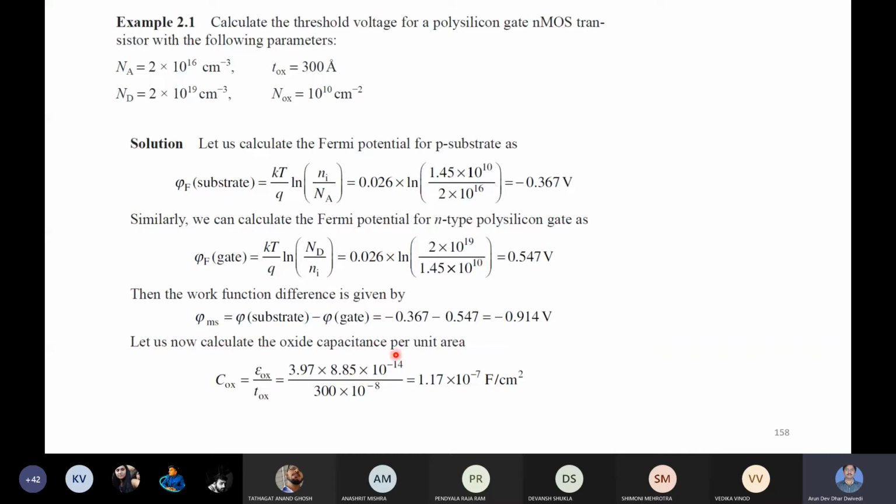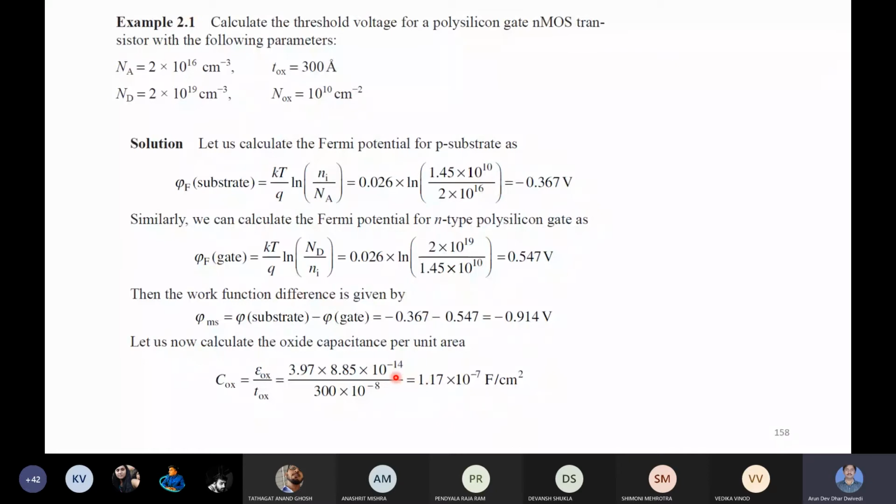Then let us now calculate the oxide capacitance per unit area, which is Cox equals epsilon ox by tox. The permittivity of silicon dioxide is taken because you are calculating Cox. Epsilon ox is epsilon naught into epsilon r, where epsilon r is the relative permittivity of silicon dioxide, around 3.9 or 3.97, and epsilon naught is 8.85 into 10 to the power minus 12 farad per meter.